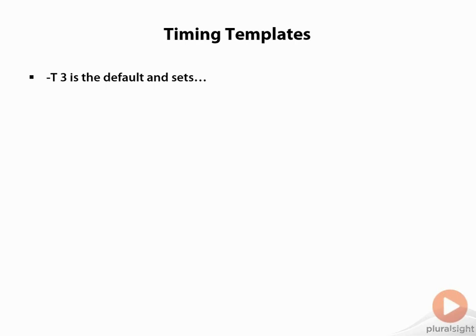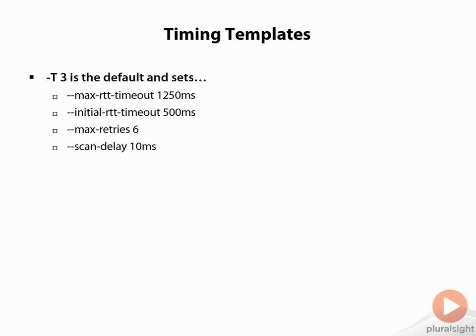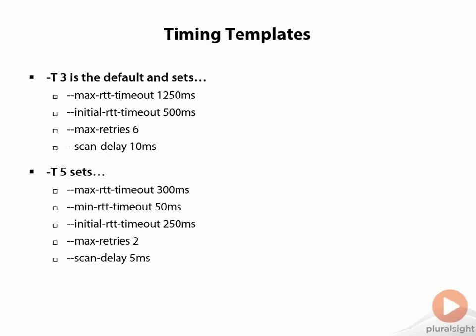The Nmap documentation states that the default template is T3, which sets the variables like this, and T5, which is insane, sets these values. T3 is recommended for over-the-internet scans, while T4 is recommended for internal scans. While you might be tempted to use T2 or the polite setting, be aware that it can cause the scan to take 10 times longer than the default T3.